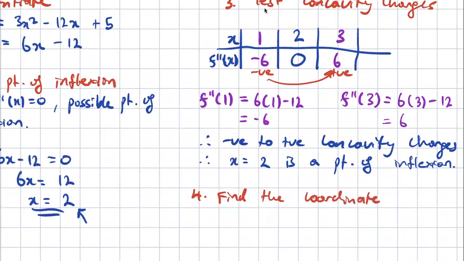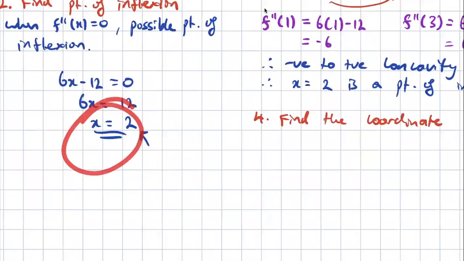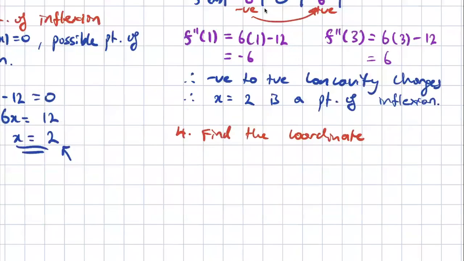Now, why didn't I find the coordinate earlier, say over here, for example? Because it's not always necessarily going to be a point of inflection when I test the concavity changing. Sometimes the concavity won't change. And if it's not a point of inflection, I'm going to save myself some time and not bother finding the coordinate.